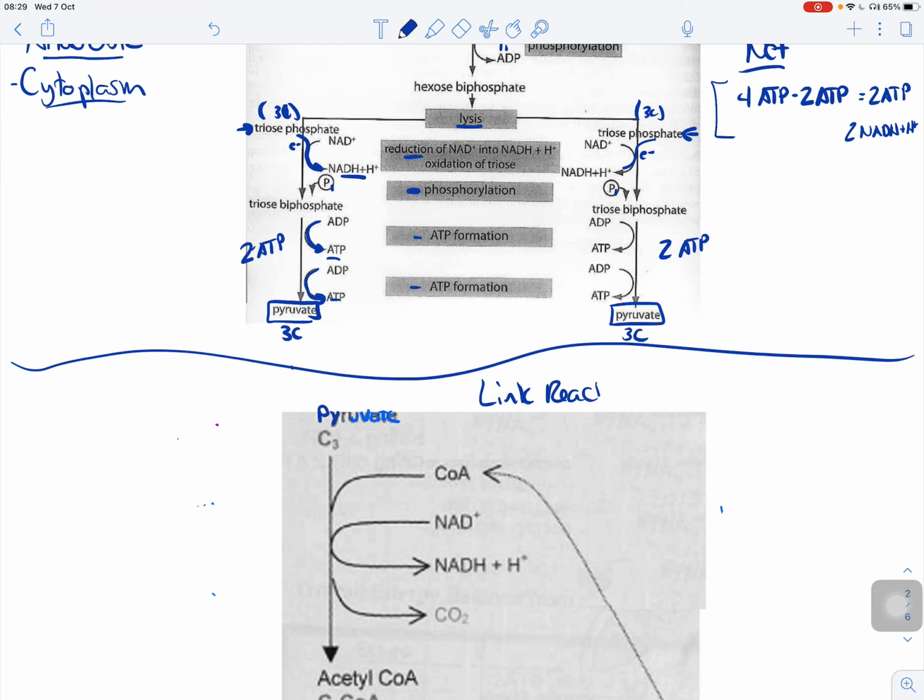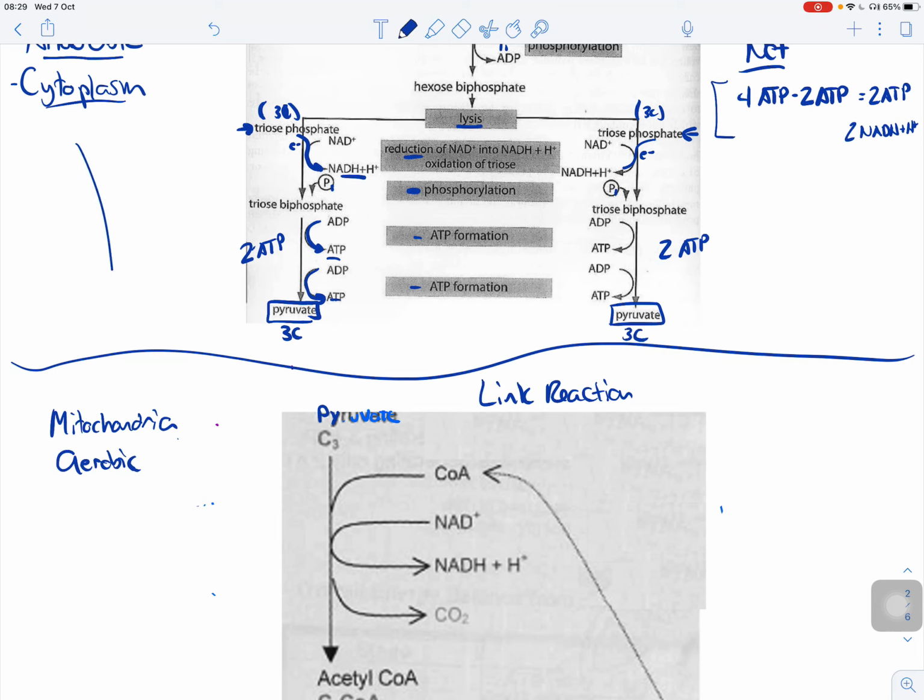Okay, in IB land, this is basically kind of combined with the Krebs cycle, but I'm going to just treat it as a different one for now. Now, this happens in the mitochondria, okay, in the matrix space, and this is considered aerobic.